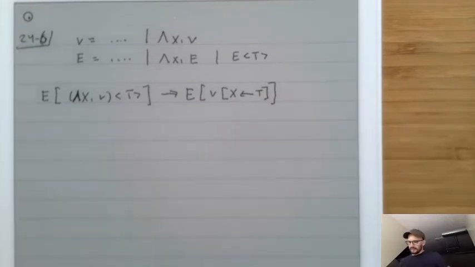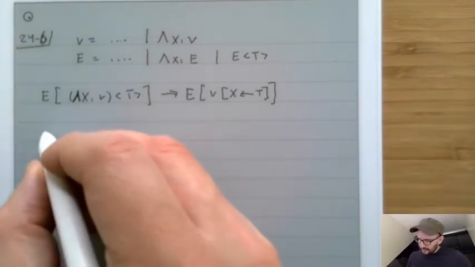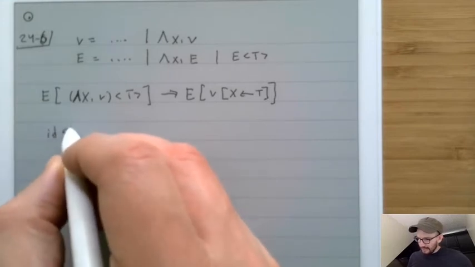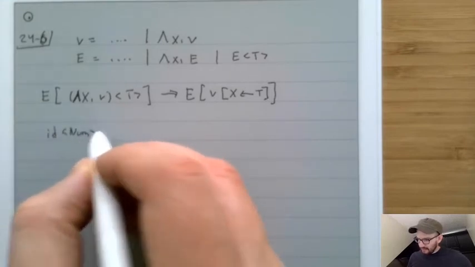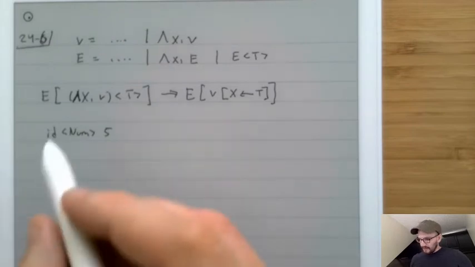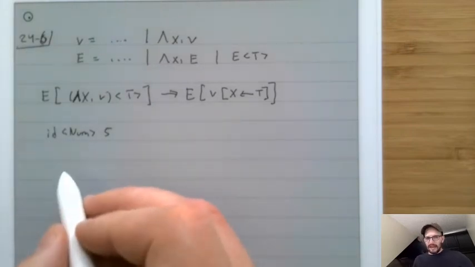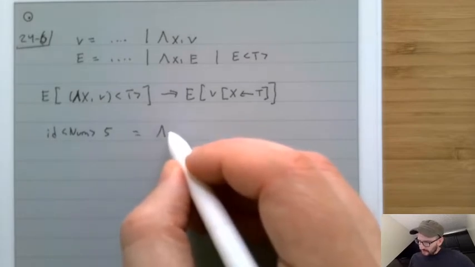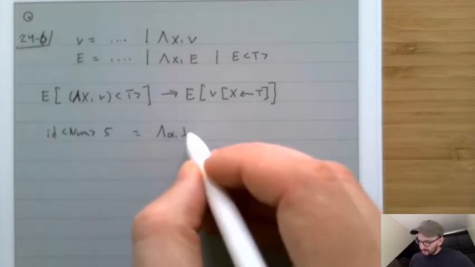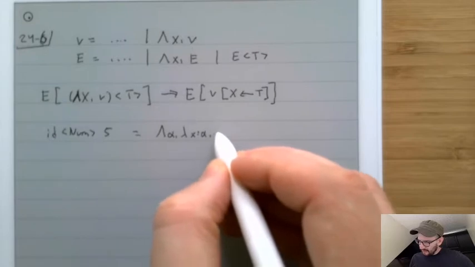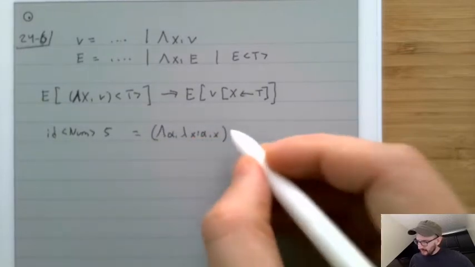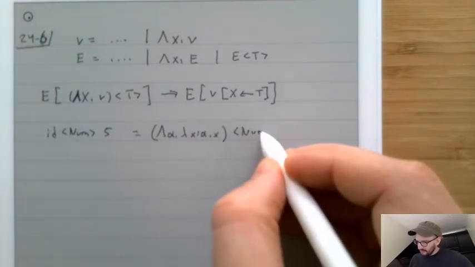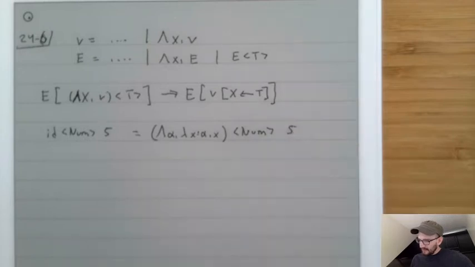So what that would mean, for instance, is that if we started with ID num 5, then the red x is going to be that, because this is of course equal to big lambda alpha lambda x alpha x, and then that's applied to number, and then that's applied to 5.